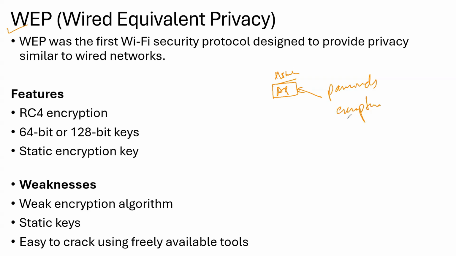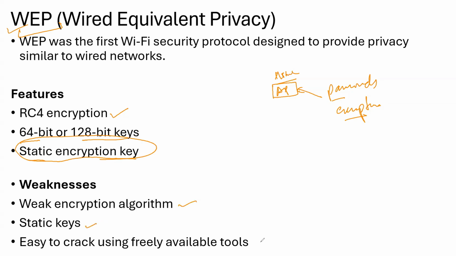But it was very weak. WEP was very weak because it used RC4 encryption with 64-bit or 128-bit keys, and the keys were always static. That means the same keys were used for encryption all the time. The encryption algorithm was so weak that anyone could decrypt it.